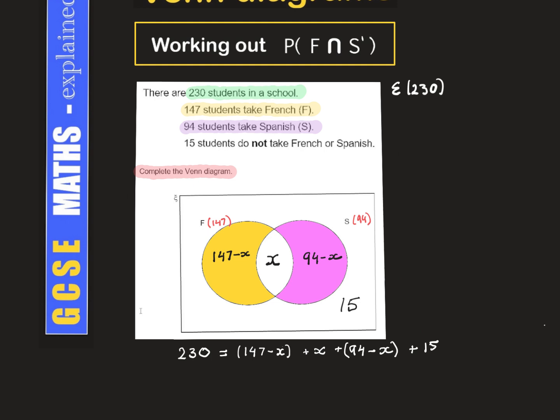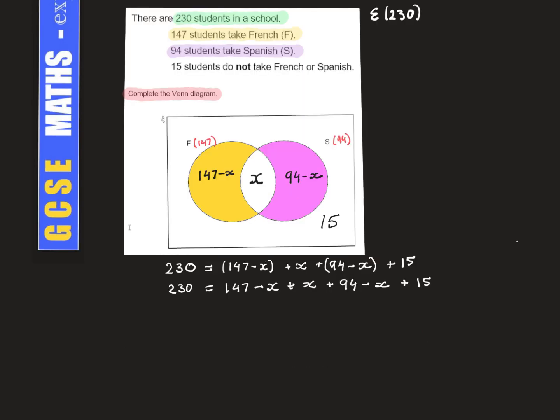Now remove the brackets. I can add up these numbers, 147, 94, and 15 together, and minus X will cross out with the X. This gives 230 is equal to 256 minus X, and with a little rearranging, X is equal to 26.